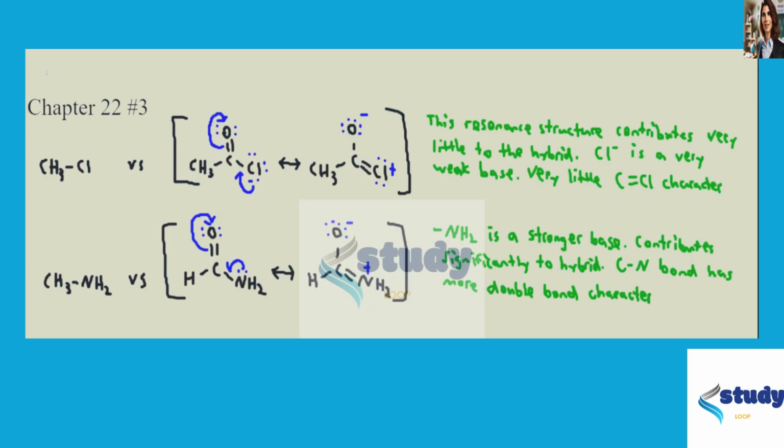Double bonds are shorter than single bonds, and so that explains why this carbon-nitrogen bond is shorter than the carbon-nitrogen bond in methylamine. And so that's the answer here.